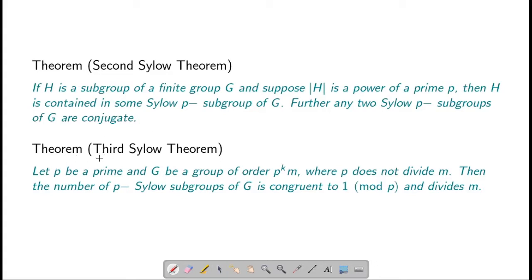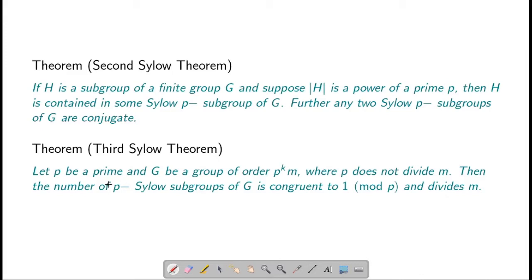The third Sylow theorem tells us that if p is a prime and G is a group of order p^k times m, where p does not divide m, that is, p^k is the highest power of p that divides the order of G, then the number of Sylow p-subgroups of G is congruent to 1 modulo p, and it divides m.